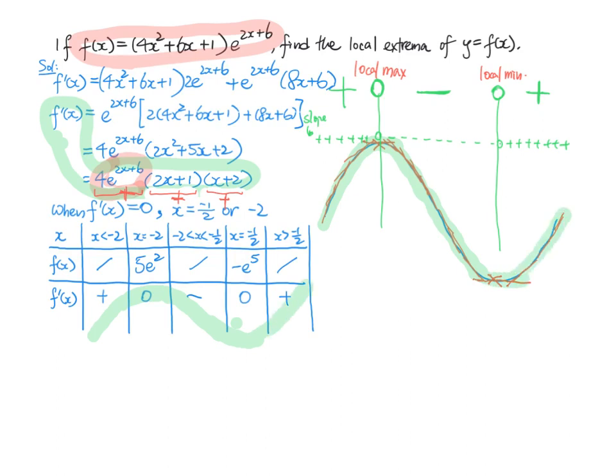Again, positive derivative for the interval means the curve is increasing. So to answer the question, that's how you write it here. Here you go.